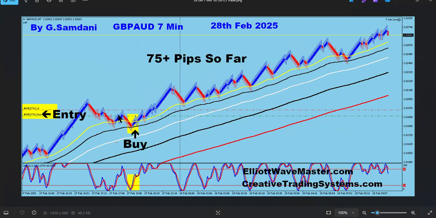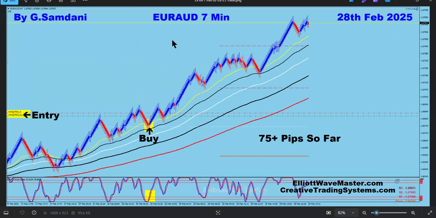This is again taken by the EA, and the buy order is right there for 75 pips. And this is the EA, expert advisor, Euro Aussie. The trade is taken by the expert advisor robot. See this arrow here? I don't know why it didn't take this one or this one, maybe my EA was not there or my chart wasn't on.